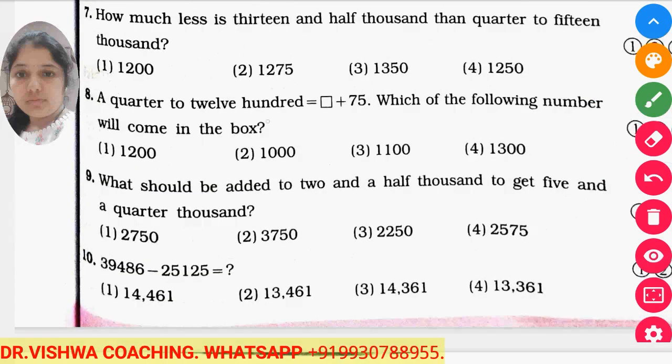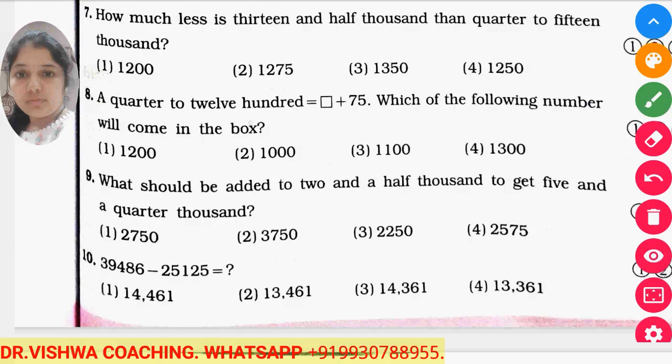Okay, now quarter to 1200 is equal to box plus 75. Now see, quarter to 1200. Now quarter to 100 means 25.